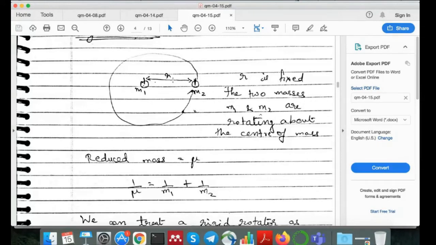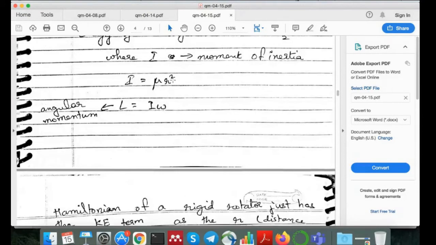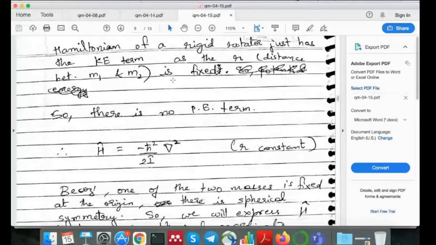It is not changing at all, so it is not really a variable. It's just a fixed parameter. So there is no potential energy that this is experiencing. The Hamiltonian is just given by the kinetic energy, which is basically minus h cross square by 2I times del square. Del square is the Laplacian operator that we already know.